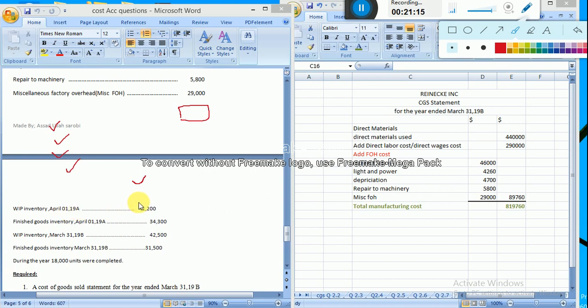Clear? So the 41,200 work in process remains from the previous year, and the 8,19,760 work in process is of the current year 19B.